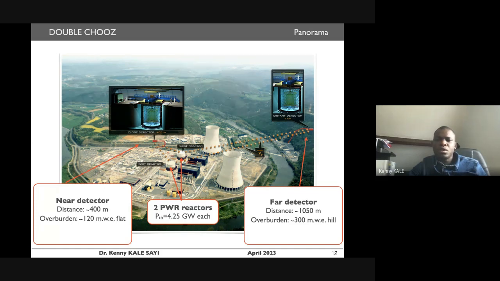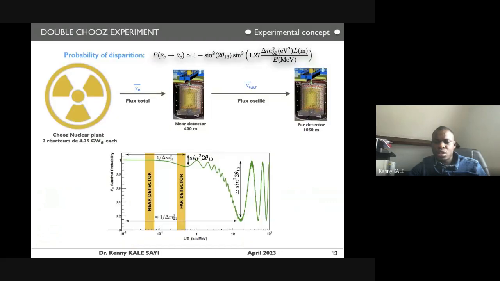And what we do is detect these neutrinos coming from the nuclear power plant and try to understand their properties. For that purpose, I'll show you this slide, which is simpler. You have a nuclear power plant, then we place two detectors. The first one is 400 meters from the nuclear power plant, and the second one is more than 1 kilometer away.